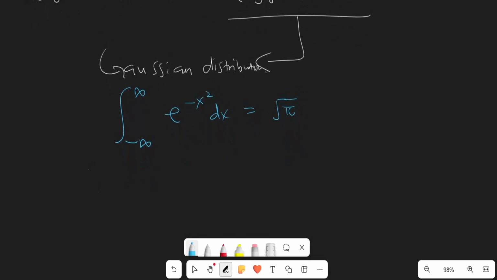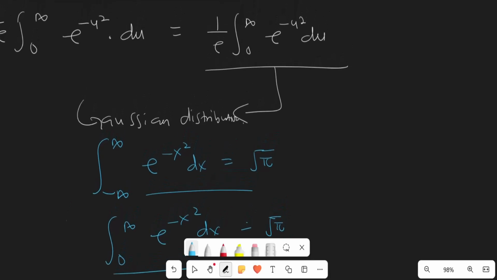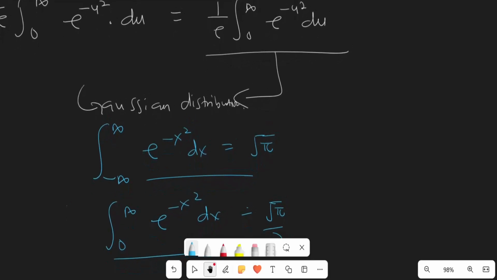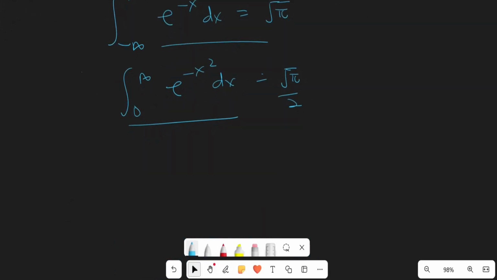However, this is the half Gaussian because we have the integral from 0 to infinity of e to the negative x squared dx. That is going to be square root of pi over 2, because this is half of the full one. So our integral looks like half of the Gaussian, which is equal to the square root of pi over 2.